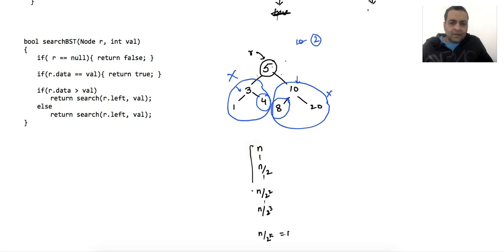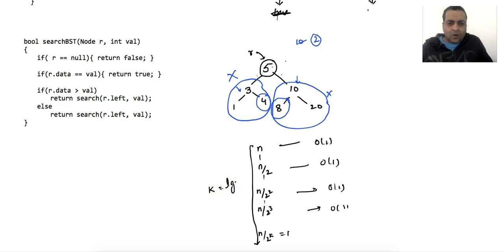So we have a number of levels, and at each level we are taking constant time. So the total time taken is equal to the number of levels, which is k, that is log of n. That's why binary search takes on the order of log n in the worst case.